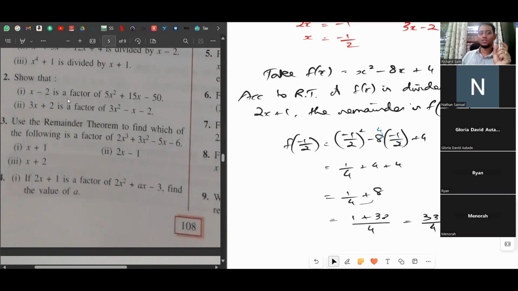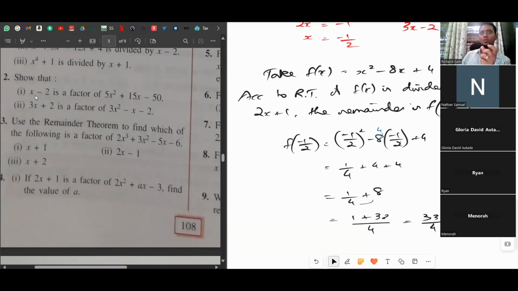Proving that what is equal to 0? Not the polynomial, and not x minus 2, f of 2. See, you're dividing this. This is f of x. 5x squared plus 15x minus 50 is the f of x. Okay. And how do you find the remainder when you divide by x minus 2? To find the remainder, you have to find f of 2.